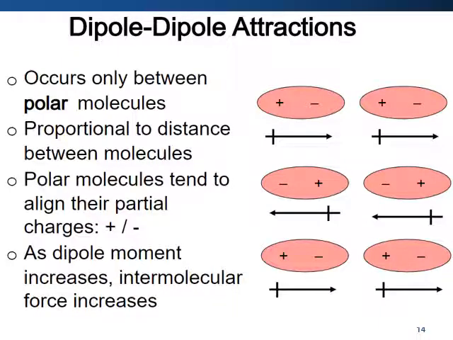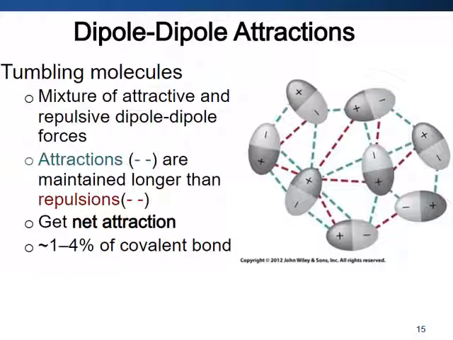So dipole attraction, this is an example of dipole attraction. Positive and negative mixed together, or negative and positive, is okay as long as they have different dipole moments. This is the amount of dipole attraction. Attractions are maintained longer than repulsions, so we get net attraction.